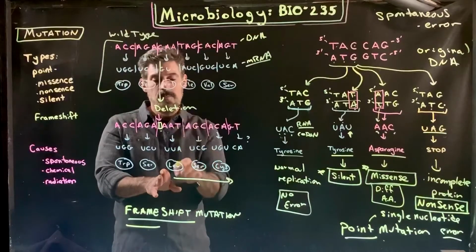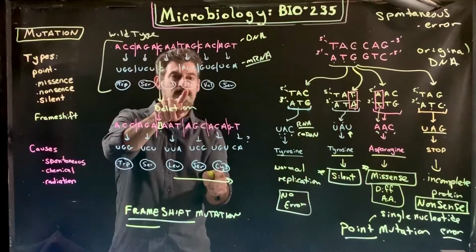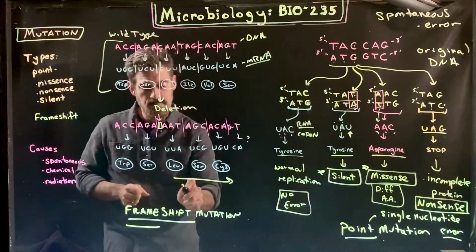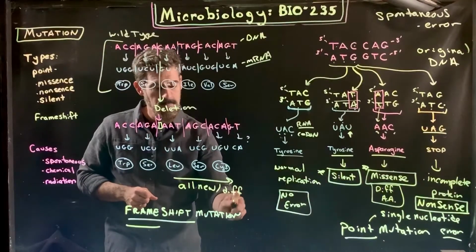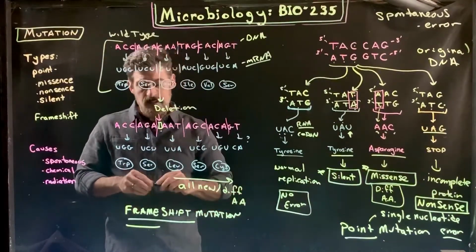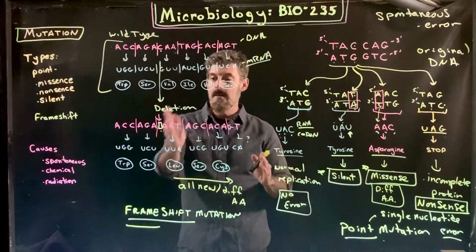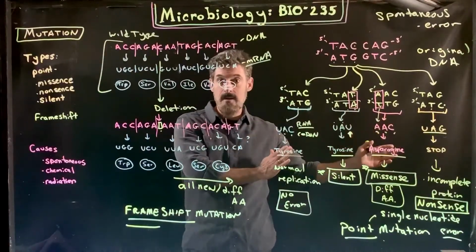So in this particular case, now we have leucine instead of valine, serine instead of isoleucine, cysteine instead of valine. So all new or different amino acids, because the entire sequence has been shifted over by one nucleotide, so we have a completely new set of codons to read.